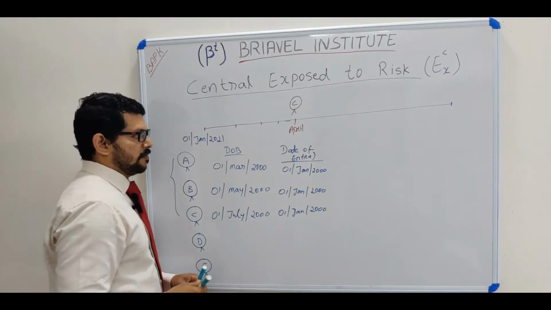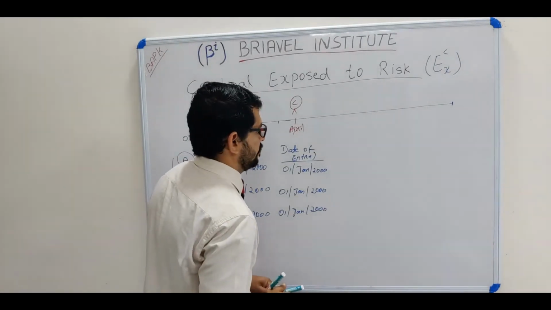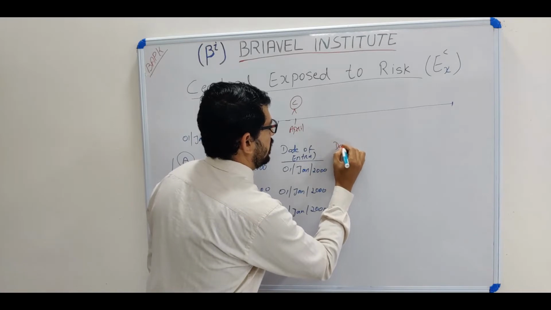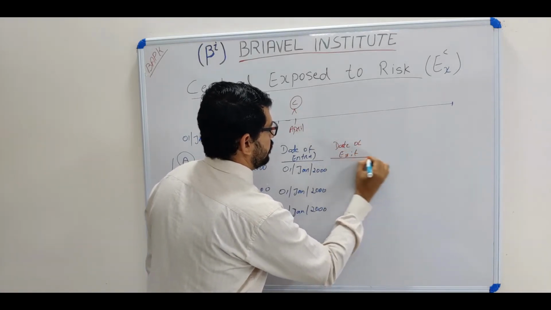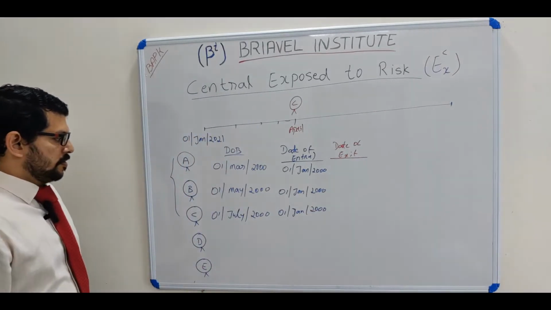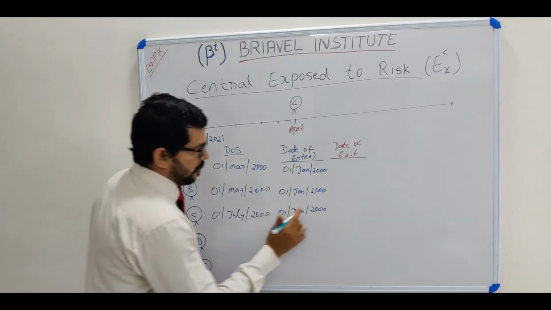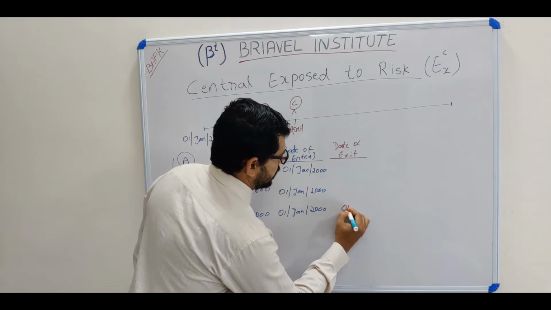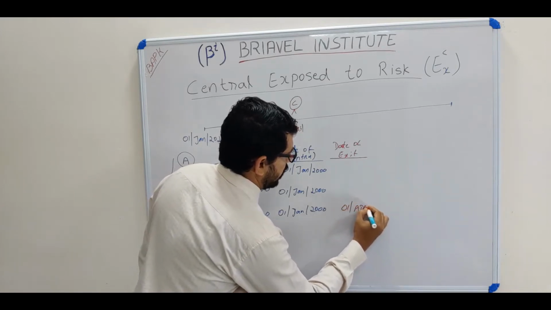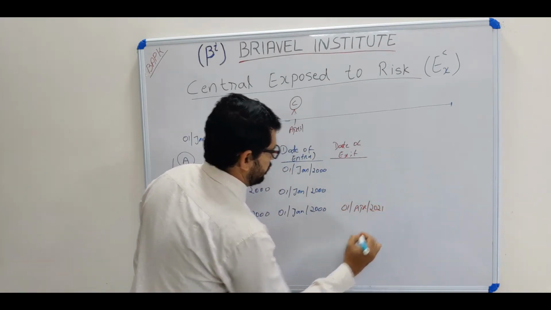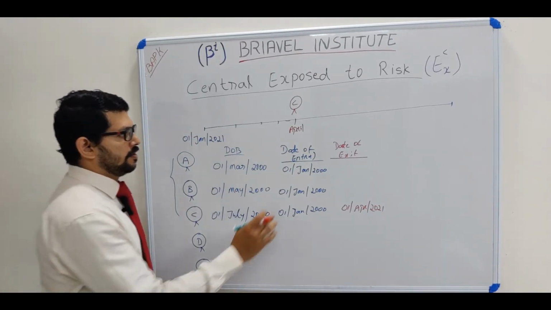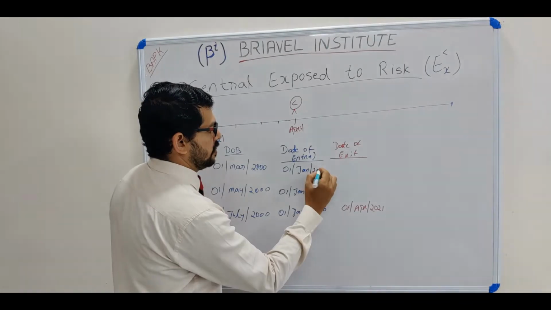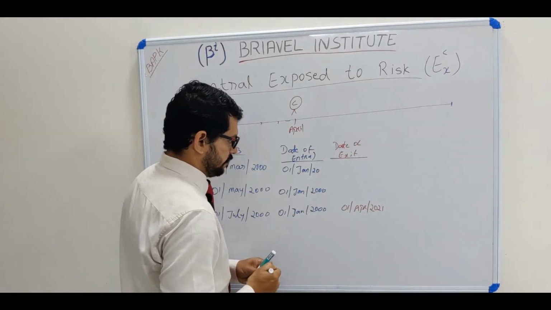So we'll note down the date of exit. The third person's date of exit is 1st April 2021. Date of entry is not 2000, it is 2021.